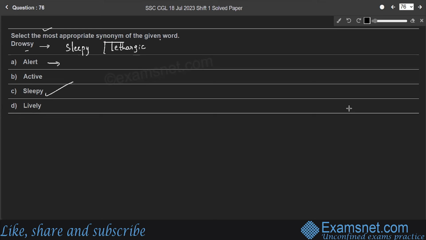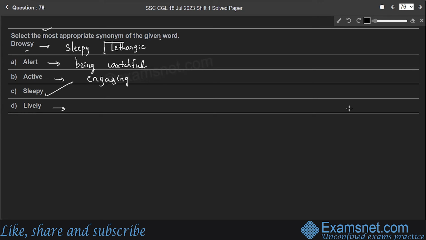Whereas for the remaining words, alert means the state of being watchful for possible danger. Whereas active is engaging or ready to engage in physically energetic pursuits.